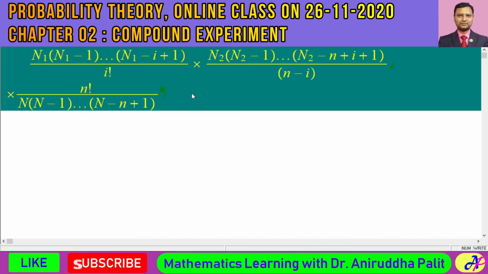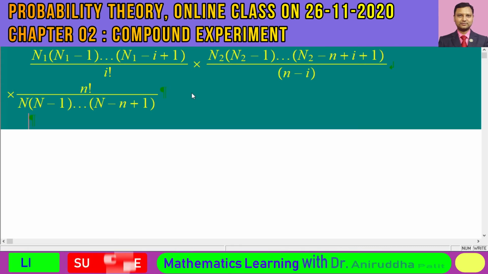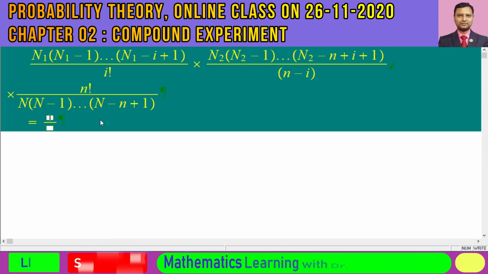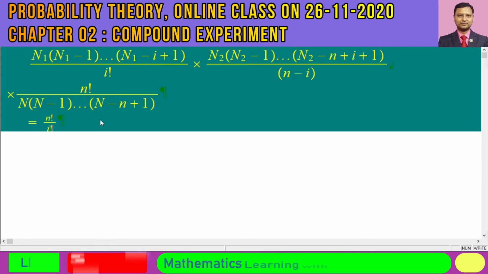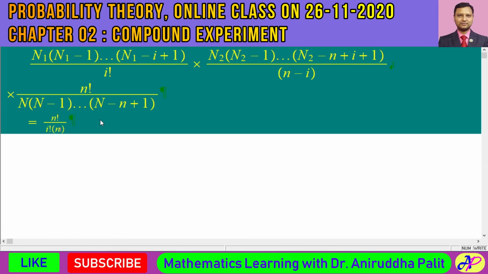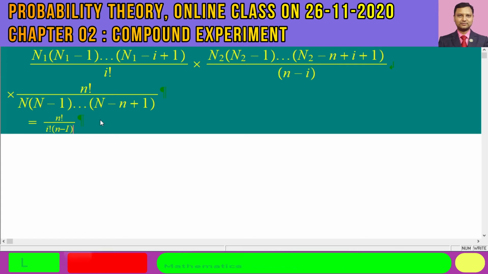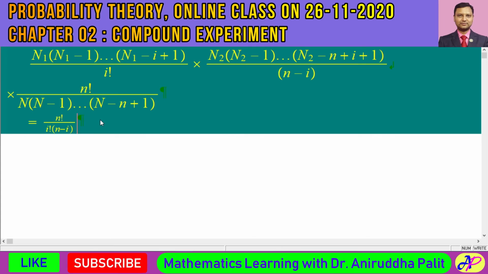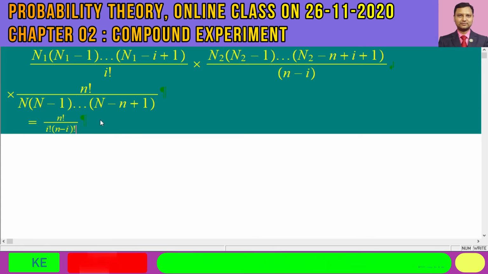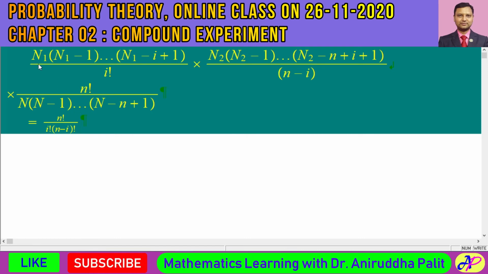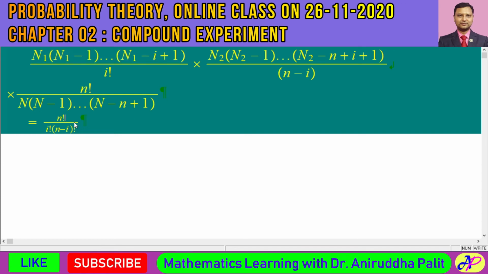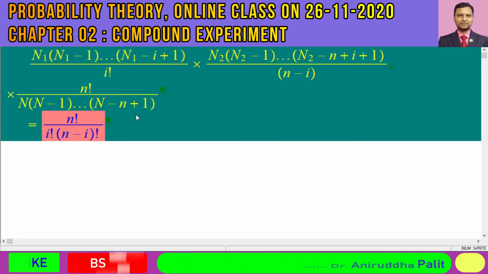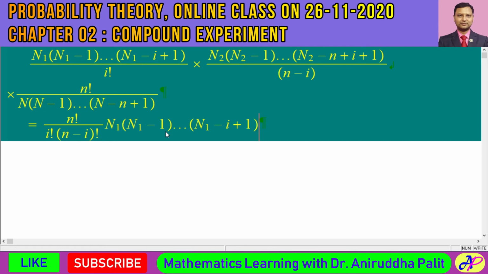Okay. Now this becomes equal to factorial of N divided by factorial of i into factorial of n minus i, and this expression can now be written as follows.